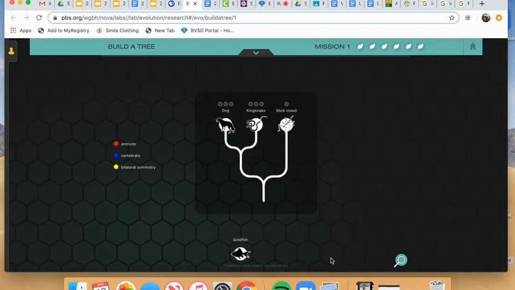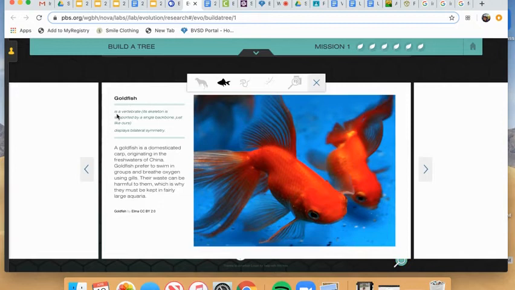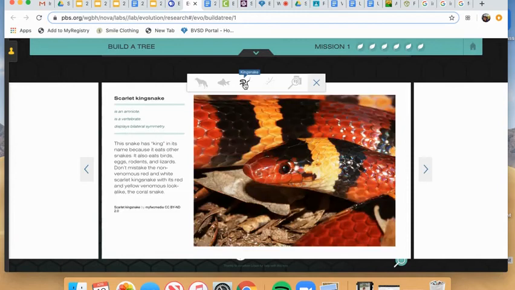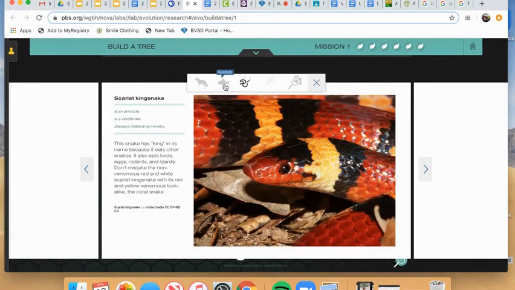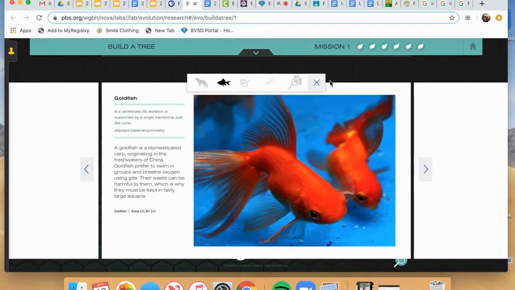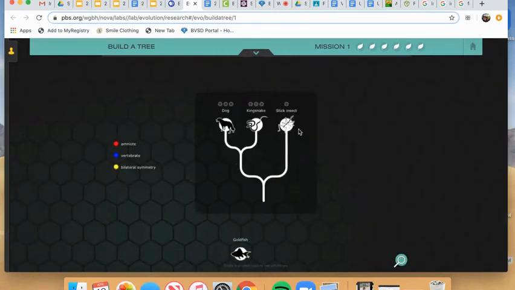And then the last one is the goldfish. And let's recall what the goldfish traits were. So it's a vertebrate, and it has bilateral symmetry. That's the same as the dog and the king snake. However, it's not an amniote. So it's still closely related to the dog and the king snake. However, not as close. So we got to figure out a way to attach it into this tree. Now, it doesn't share any other traits with the stick insect, so we can't do this.